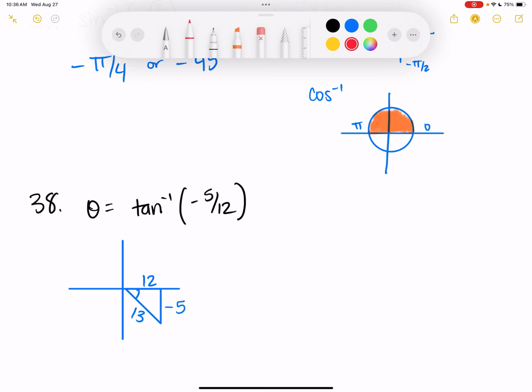And so then we just need to find the 6 trig functions based on that. Tangent is still going to be -5/12, but it was just the inverse that they gave us, so it needed to be rewritten.